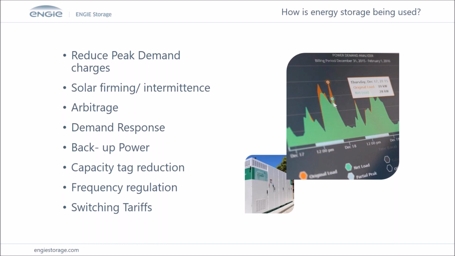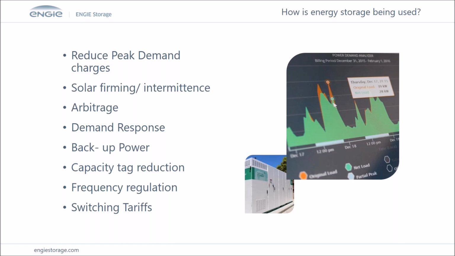There's frequency regulation, which is another option that we can add. And usually you can combine 3, 4, even up to 5 of these revenue streams within a single system. And the last one we see a lot is switching tariffs.